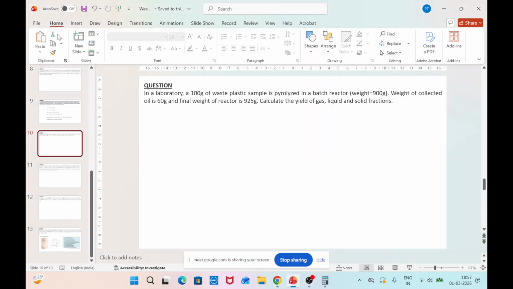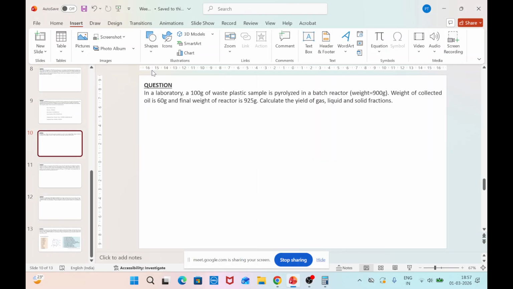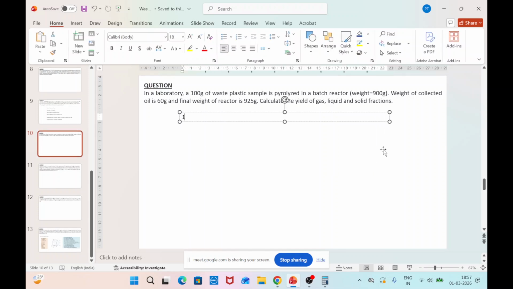So you have 100 grams of plastic waste and you have oil that comes out, the weight of oil is 60 grams. So the yield will be nothing but 60 by 100, that is 0.6.